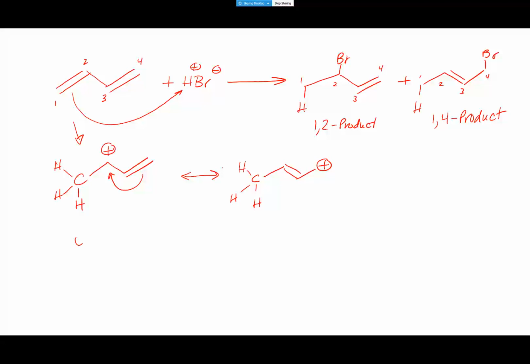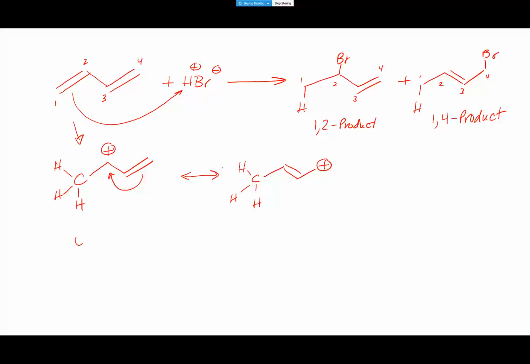Which one is more stable? The one on the left? The one on the right? Okay, so you want to make an argument for both. That's a good point.